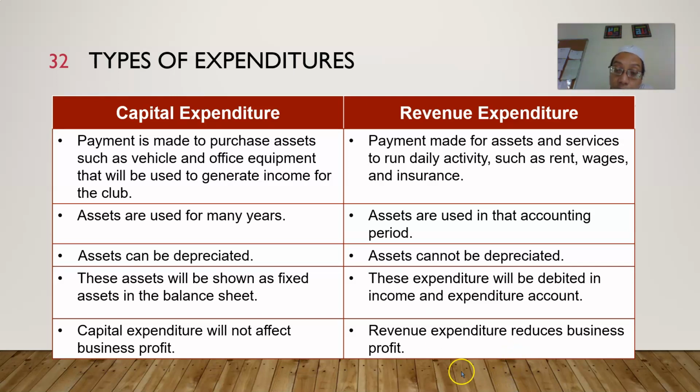Revenue expenditure reduces business profit. Because in the calculation for a non-profit organization, in order to calculate the surplus of income over expenses, we need to include the revenue expenditure as part of those expenses.